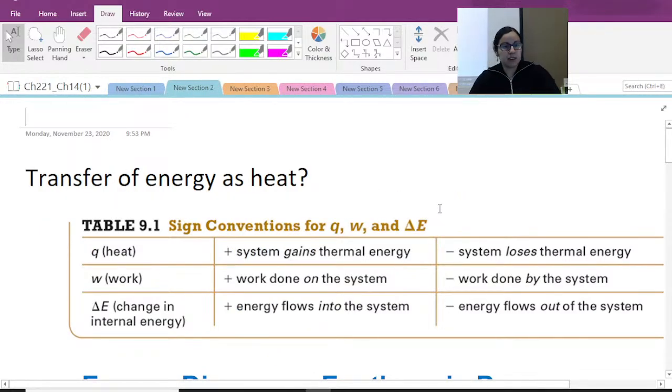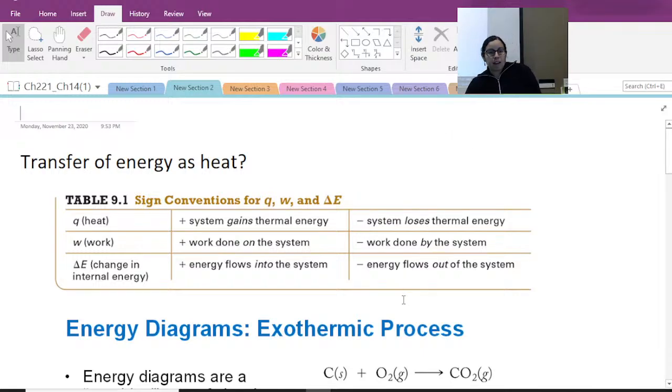All right, so this is a good kind of cheat sheet. Now we have our sign conventions, and we're looking at two major things right now. We have Q, which is just defined as heat. If we have a positive sign, then we're saying it's gaining energy, like an endothermic reaction.